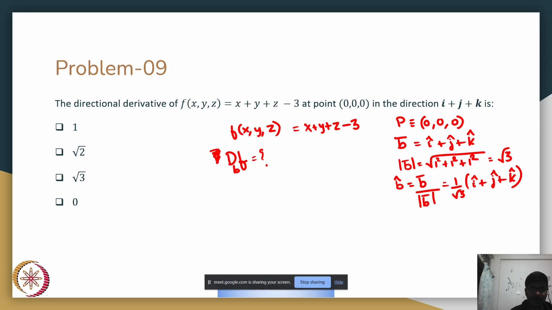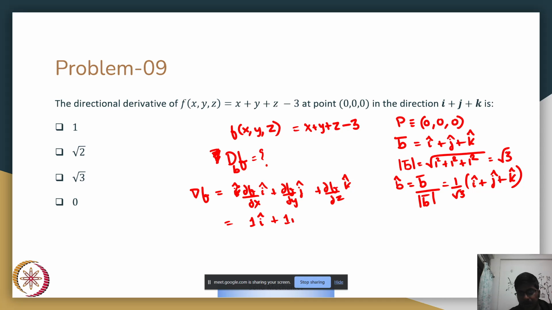Now to calculate the directional derivative, first we have to calculate the gradient of f, which is nothing but i hat times the partial derivative of f with respect to x, which is 1, j hat times the partial derivative with respect to y, and k hat times the partial derivative with respect to z. It's 1 i hat plus 1 j hat plus 1 k hat, right?